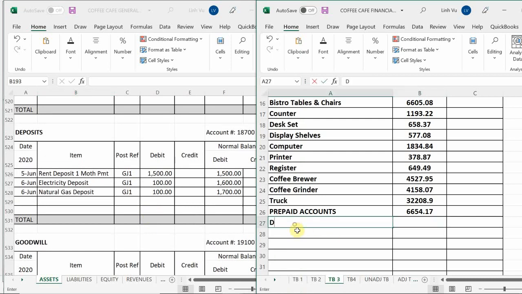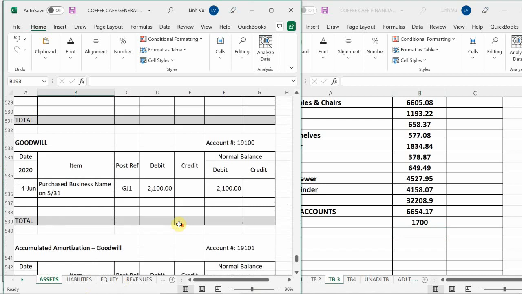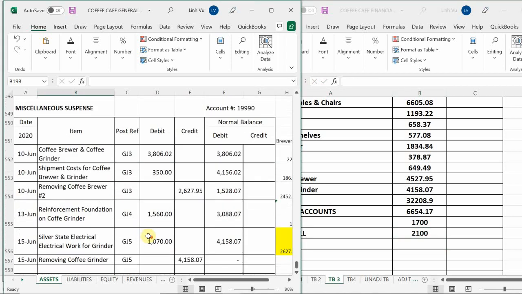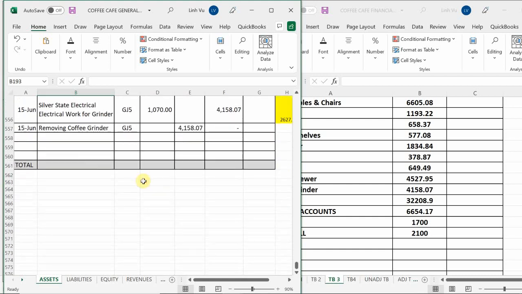Deposits, 1,700. We got some goodwill, 2,100. And last but not least, miscellaneous expense, which has nothing. So in this case, we are done with our assets.